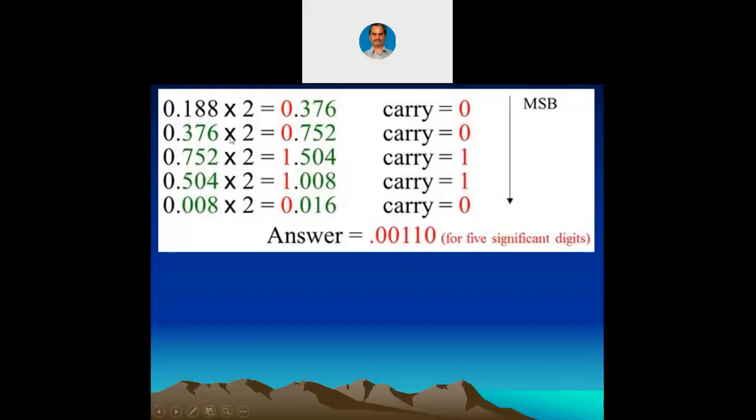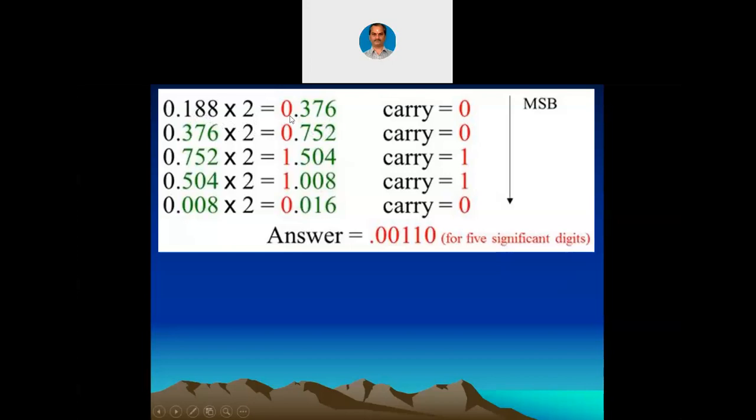Next, let us say we have a number which is 0.188. Observe this number. This is not a summation of 2's powers with negative exponents. So this conversion may not end at all. We only have to end it at some point of time. So let us say 0.188 into 2, we get 0.376.